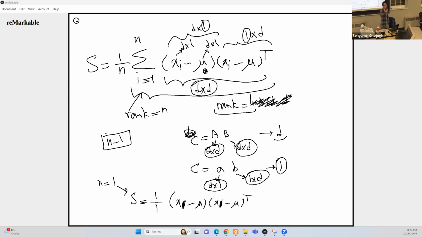The mean of 1 point is that point, so mu is x. x minus x is 0, so it becomes 0 times 0 transpose, which is 0. So when n is 1, the rank is 0. So using induction, when n is n, the rank must be n minus 1. Did you get it? The covariance matrix of 1 point has rank 0. Because of this minus mu, I have this minus 1 in the rank.